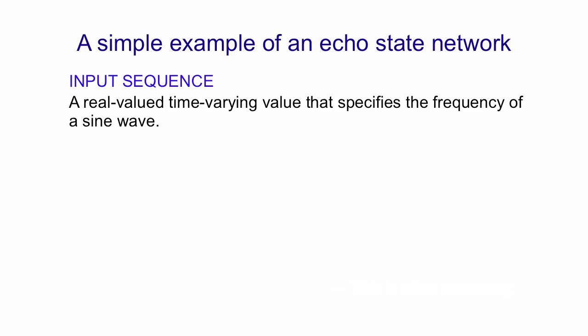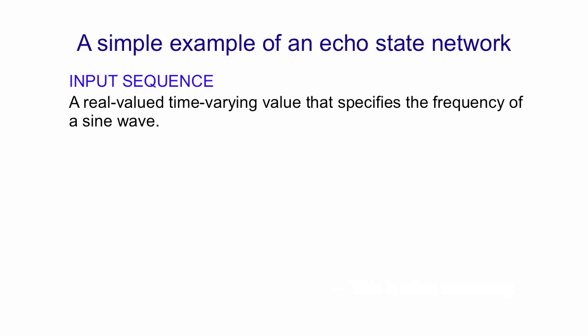So I'm now going to show you a simple example taken from the web of an echo state network. It has an input sequence which is a real value that varies with time and specifies the frequency of a sine wave for the output of the echo state network.